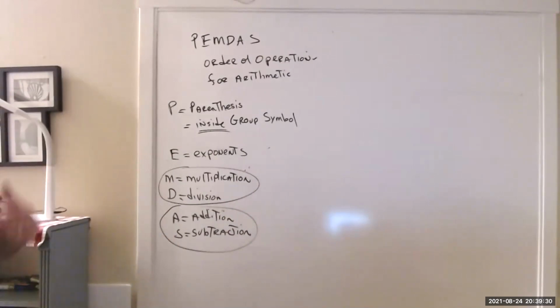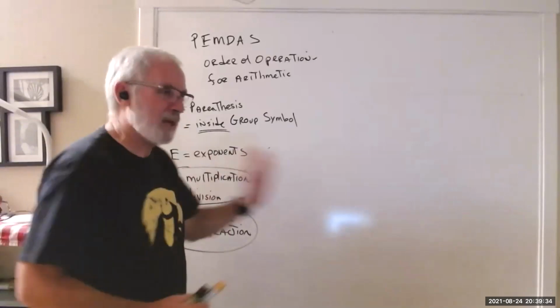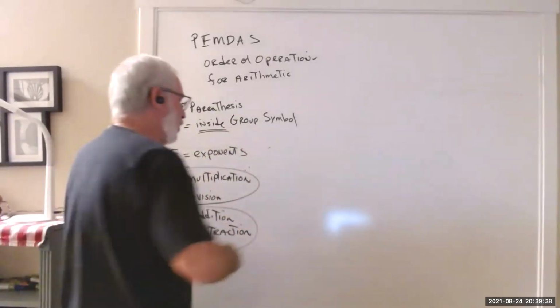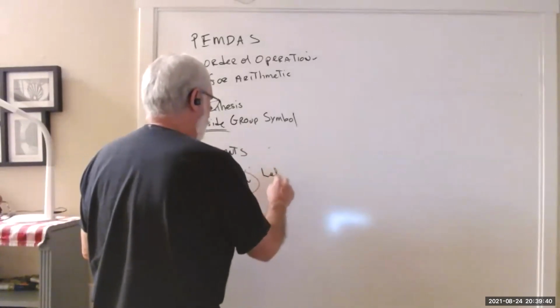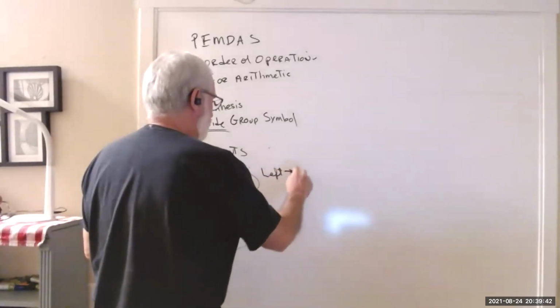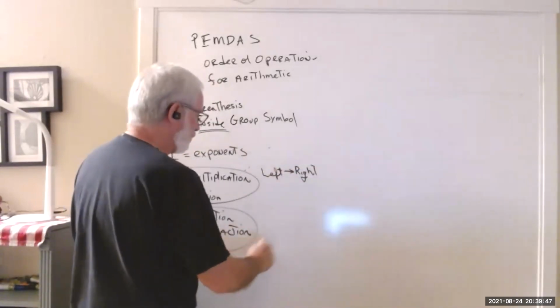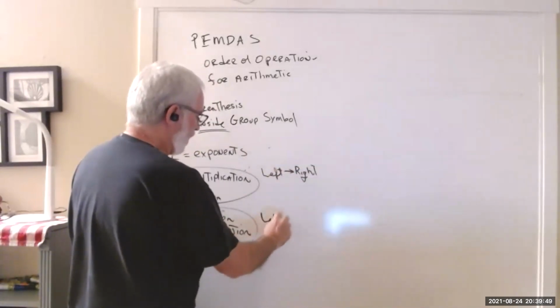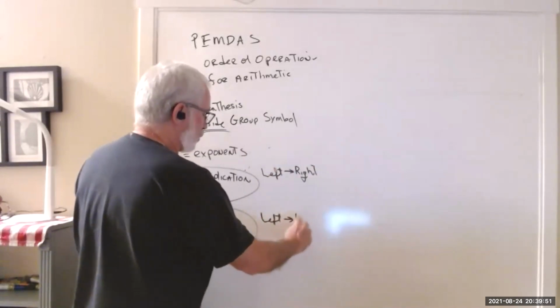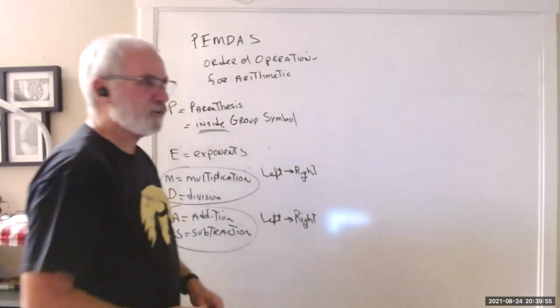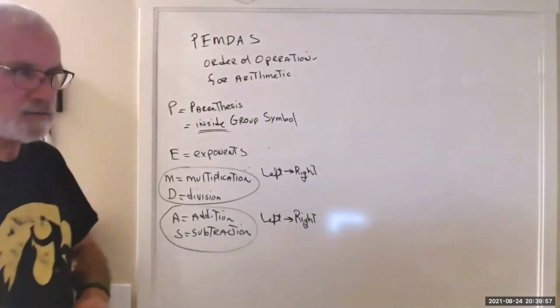When you come across a problem that has a bunch of multiplication and division all in a row, you have to work from left to right. Same rule with addition and subtraction. If you have a bunch of addition and subtraction all in a row, you have to work from left to right.